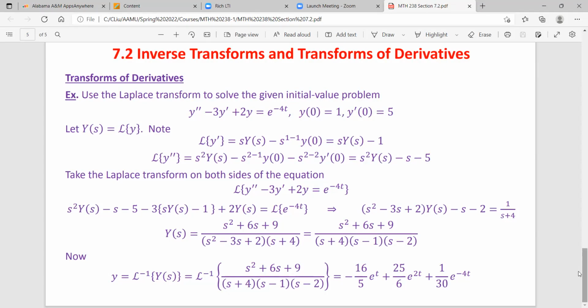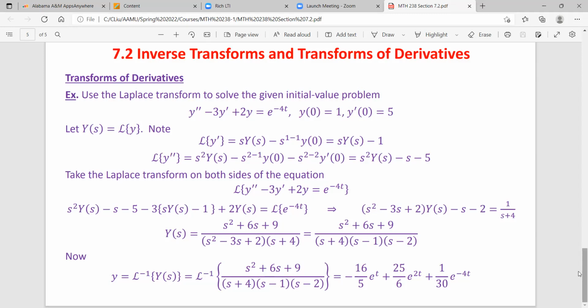Then minus s to the 2 minus 2, which is s to the 0, which is 1, times y prime of 0, which is 5. So you get a negative 5 in the last term.